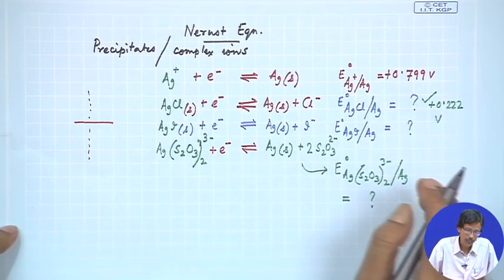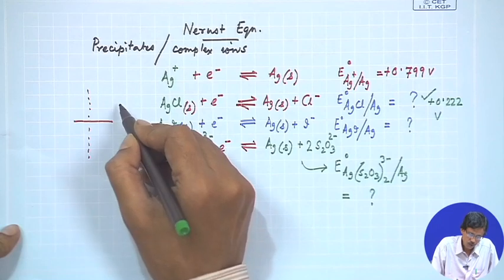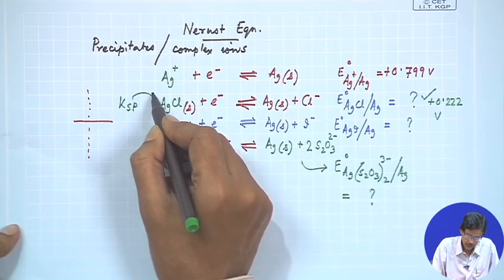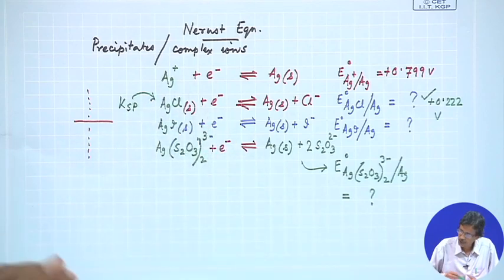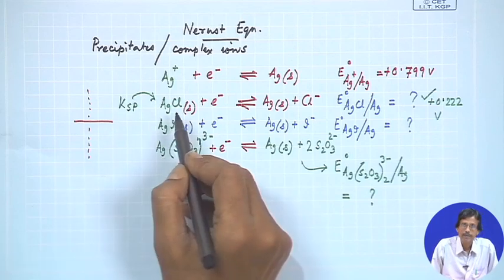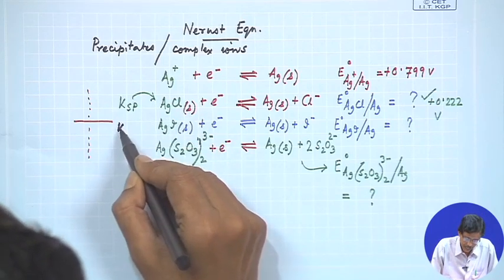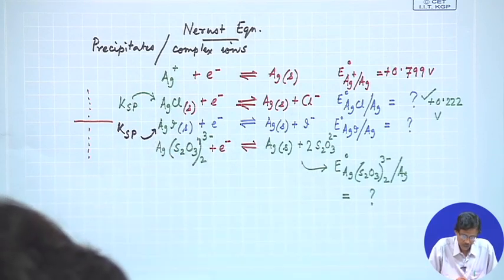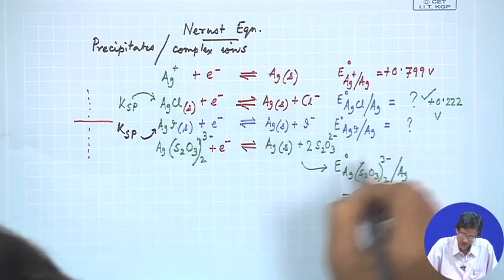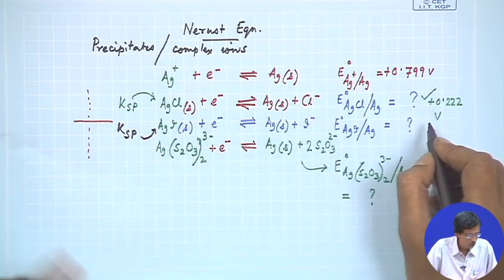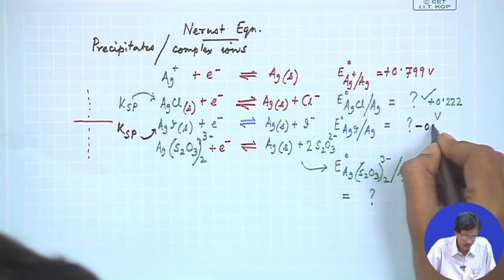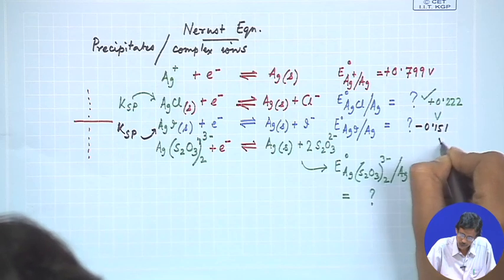Similarly, as we are looking for the Ksp value of silver chloride, we introduce the Ksp value as a parameter in the Nernst equation. Another Ksp value, different from that of silver chloride, will be used for this, and after getting all these values and calculations, the value is quite different, minus 0.151 volt.